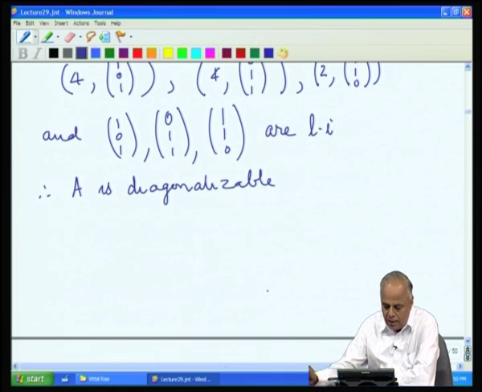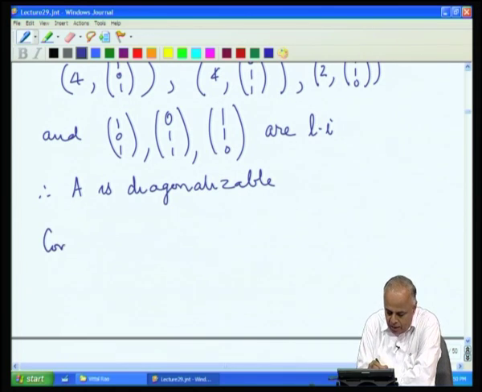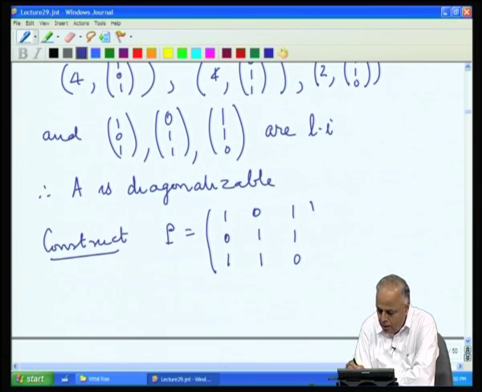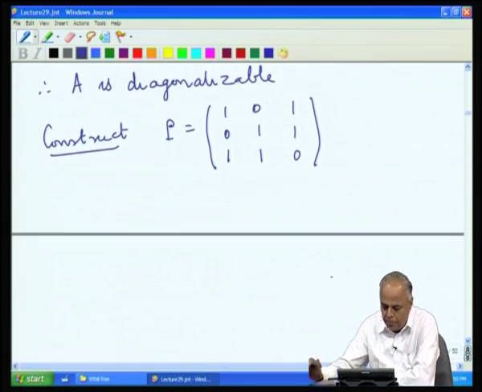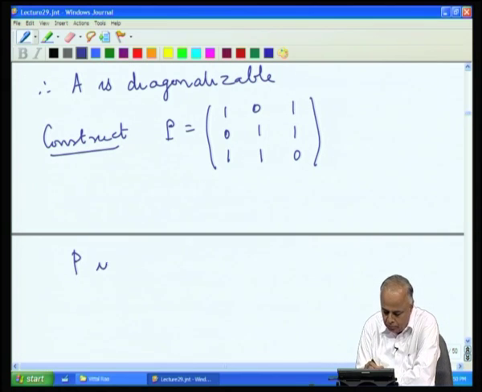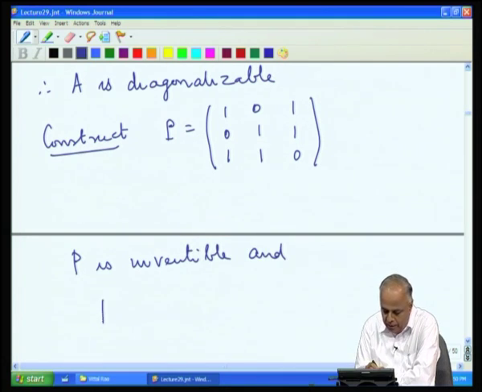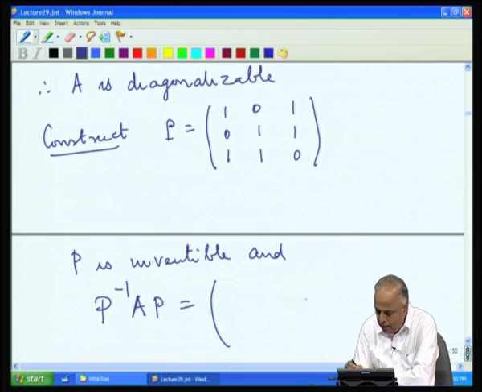What is the diagonalizing matrix? Again we construct P, the matrix whose columns are these 3 eigenvectors. Then as before, P is invertible, it can be easily verified, and we can verify that P inverse A P must be a diagonal matrix.